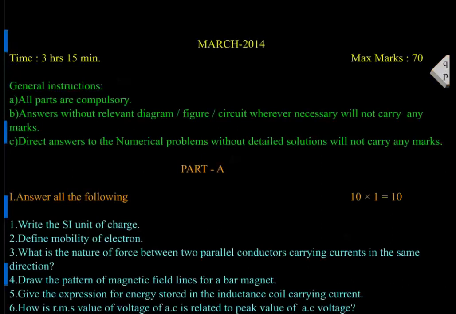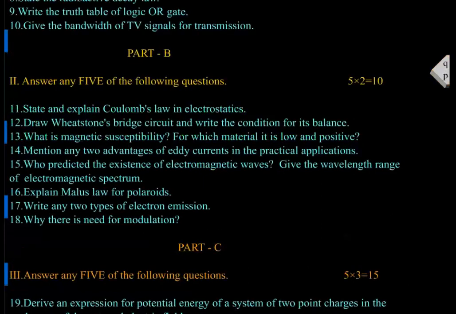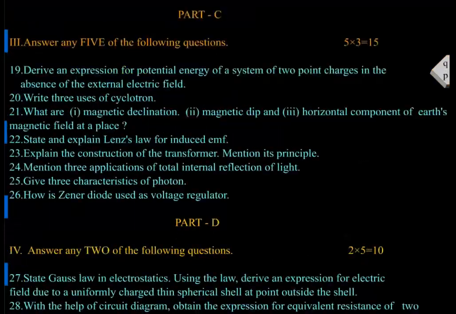Now the 19th one. So look here, this 19th one is there in part C. Look here, part C. Answer any 5 of the following questions. Look here, 1, 2, 3, 4, 5, 6, 7, 8 questions are there. Answer any 5. So better you answer any 5 of these.